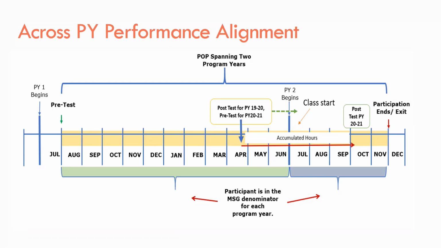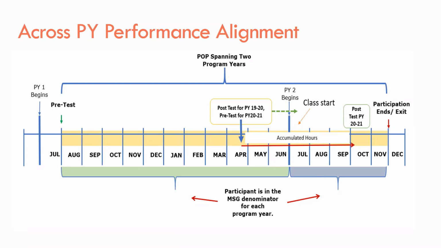So typically that would mean you have a lot less time in that second program year that person has to be in class before they've reached those minimum hours that are required. So in this particular example, we can see these accumulated hours ever since April. And then right at September, we're able to provide a post-test for that second program year.